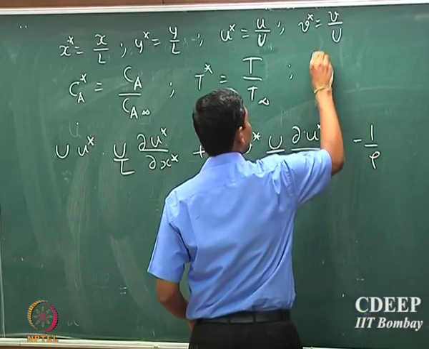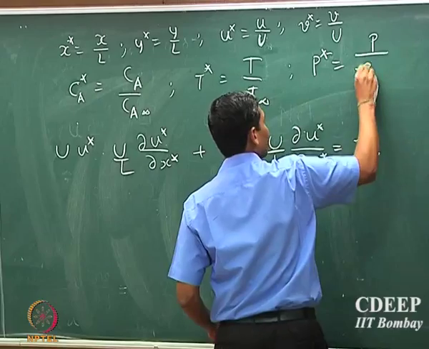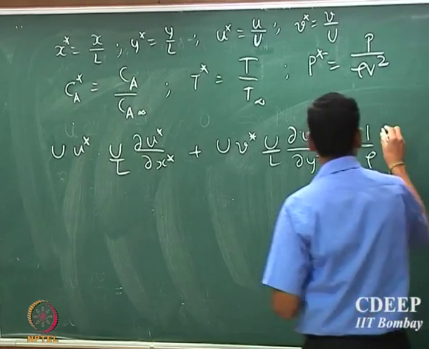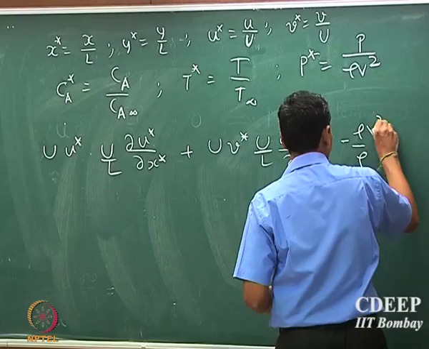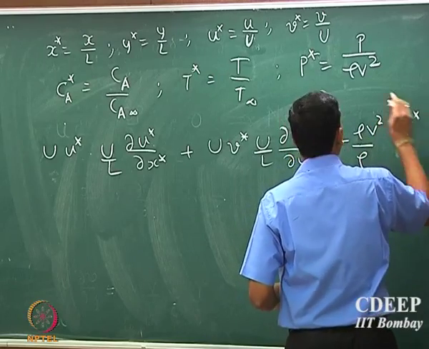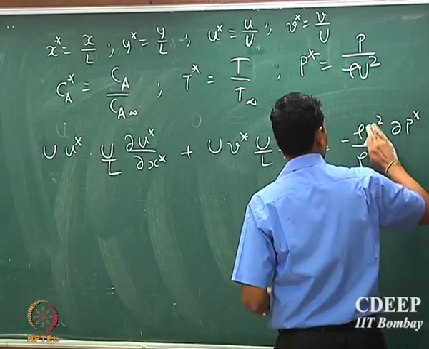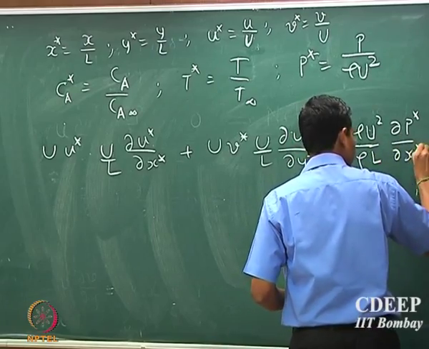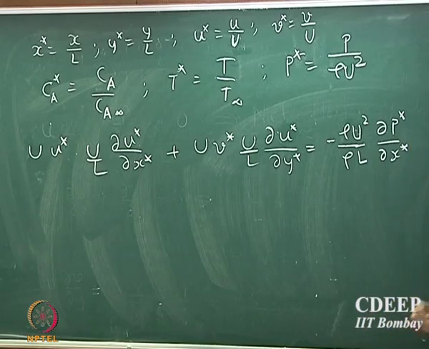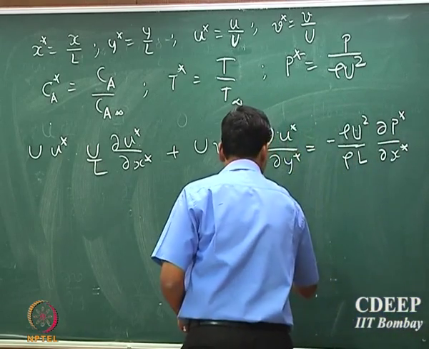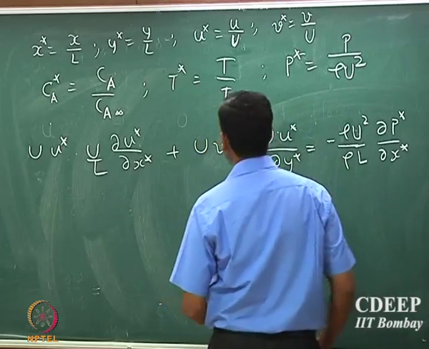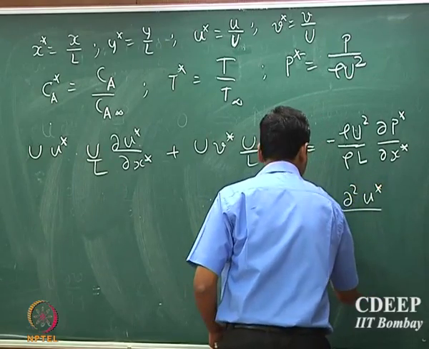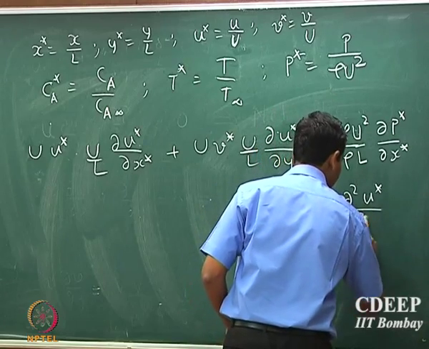So if I introduce P star as P by rho U square, okay, so if that is the scaling that I introduce for pressure, so that will be rho U square into dP star, divided by L into dx star, okay. So that is the scaling for pressure, plus mu by rho into U into d square u star divided by L square into dy star square, okay.